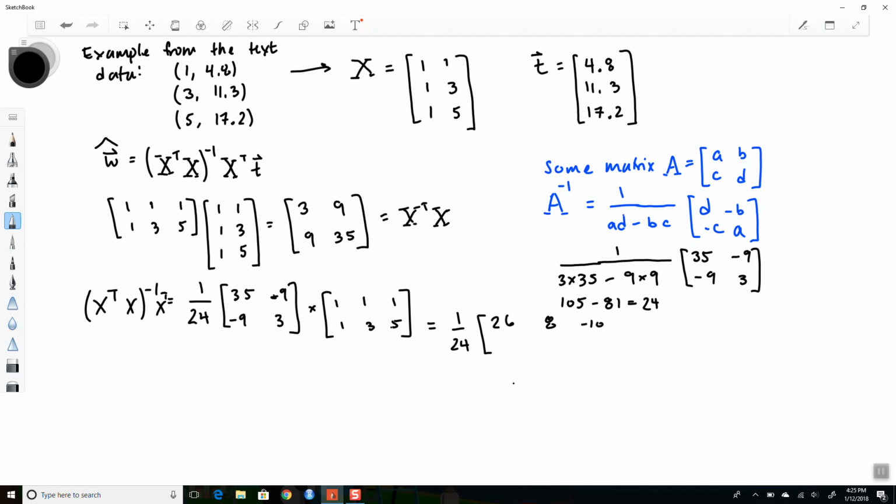On the lower row I have negative 9 plus 3 is minus 6, negative 9 plus 9 is 0, and negative 9 plus 15 is 6. So lastly I've got x transpose x inverse x transpose t. So I have 1 over 24 times all of this.